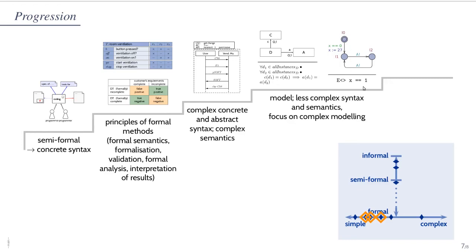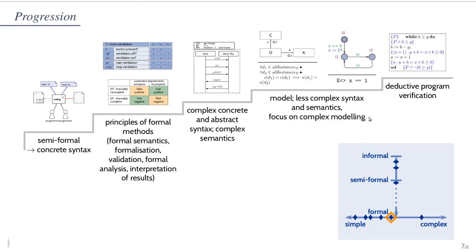So here we can focus on complex software modeling, the pragmatics. Well, and finally, we take another step to deductive program verification. Here, the syntax is again pretty simple, a simple while language. The complex concept to understand here is that we are able to write deductive proofs for the correctness of programs.